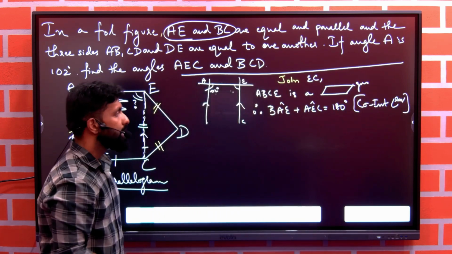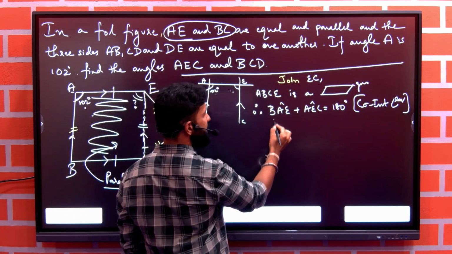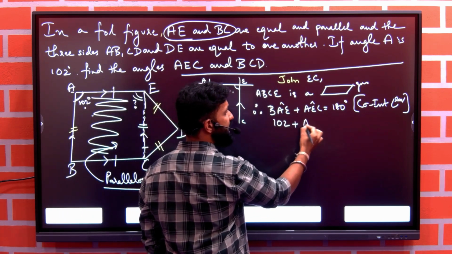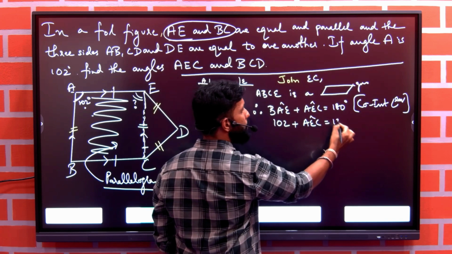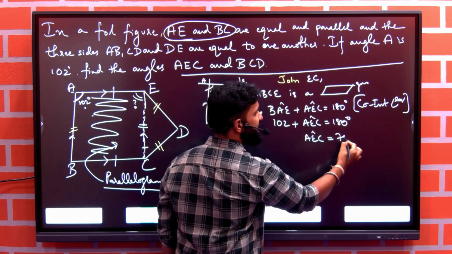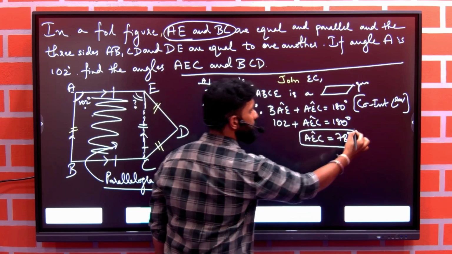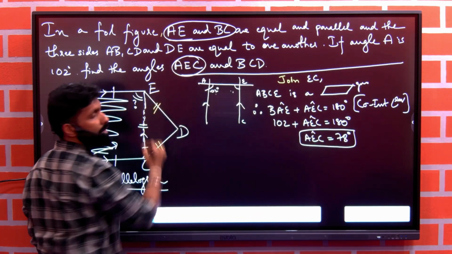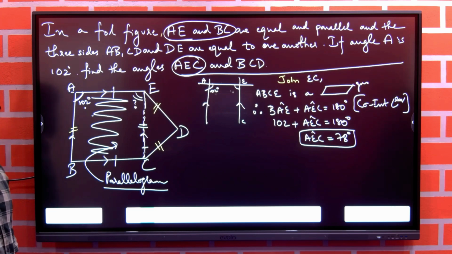So angle BAE is given as 102, plus AEC is equal to 180 degrees. So AEC becomes 78 degrees. So we got the first answer. AEC is 78 degrees.